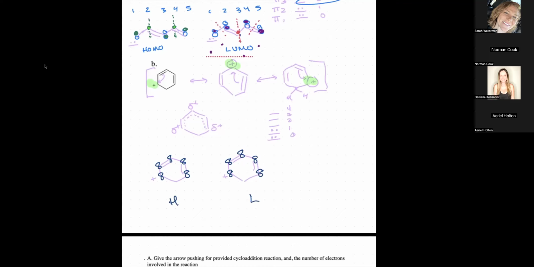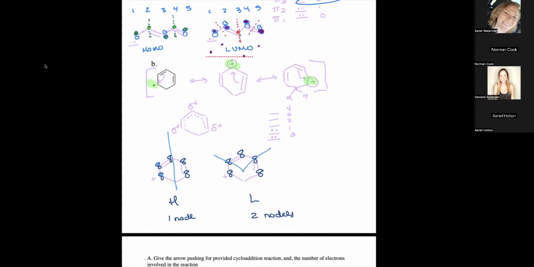So we decided we have one node in our HOMO and 2 nodes in our LUMO. So where should our nodes be? The middle one on the HOMO, just on top of it. And then on top of 2 and 4 on the LUMO. Yeah, exactly.